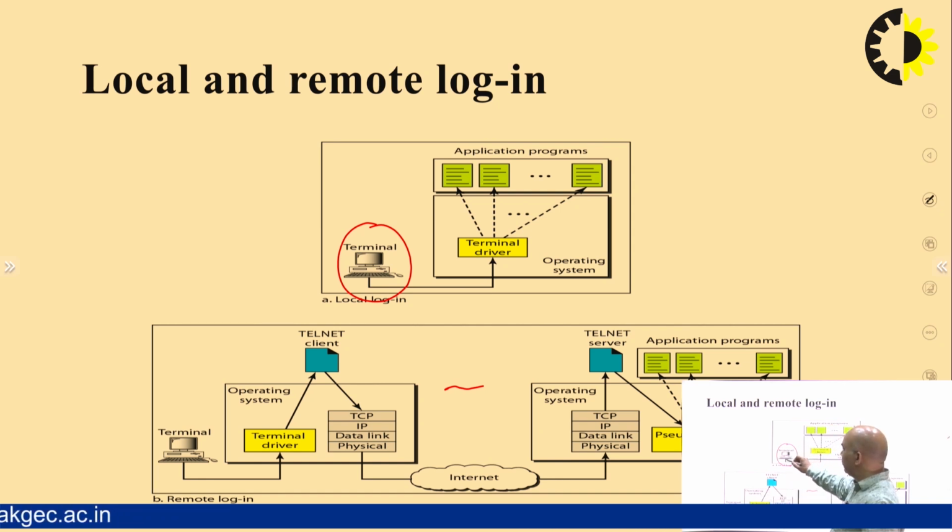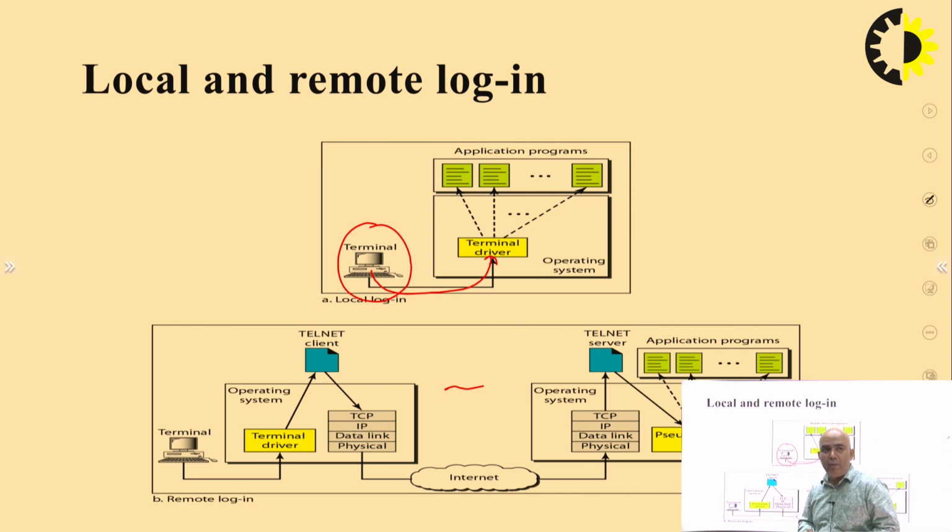Once the user types it, the terminal driver sends a request to the operating system, and then the operating system responds depending on which application the user wants to access. Another method is remote logging, in which various elements are required in order to communicate with each other, that is, to send and receive information.